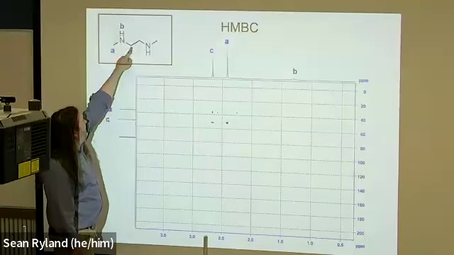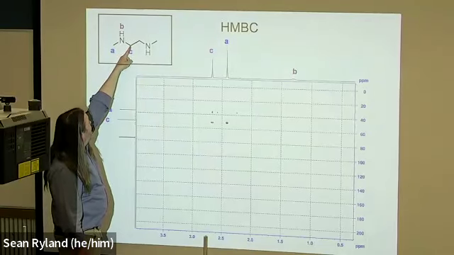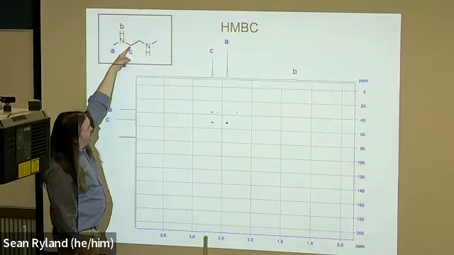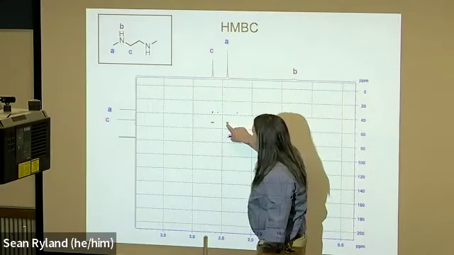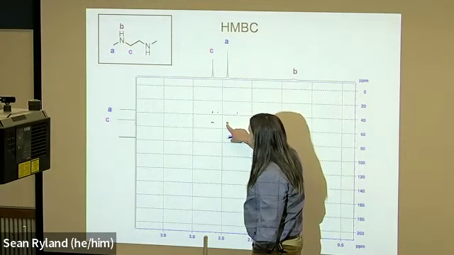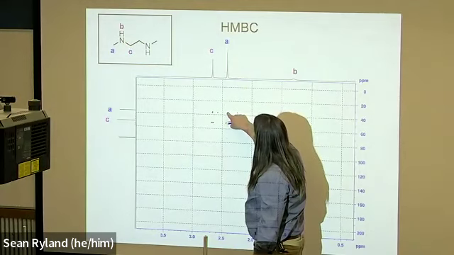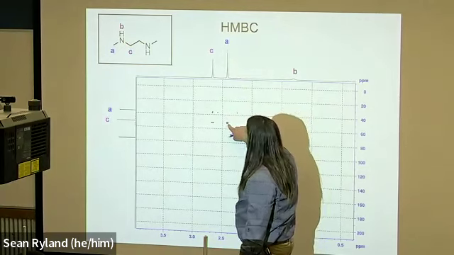So the protons on A should be correlated to the protons on C. So A correlated with C, but not with itself. So A to A, there's nothing there. A to C, there is.